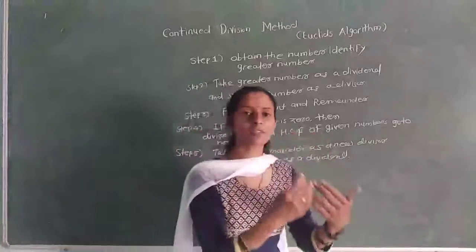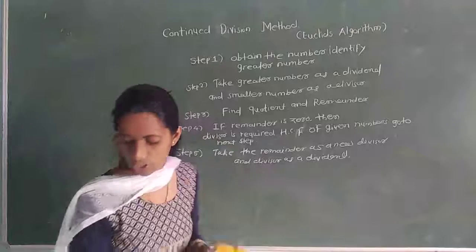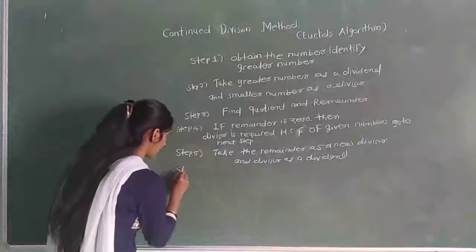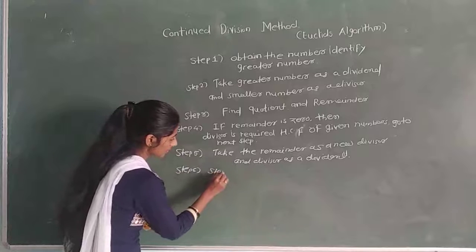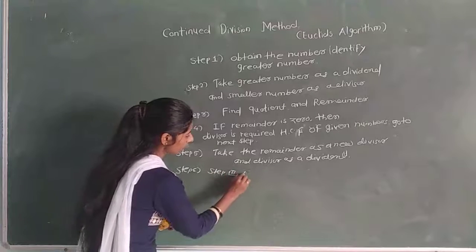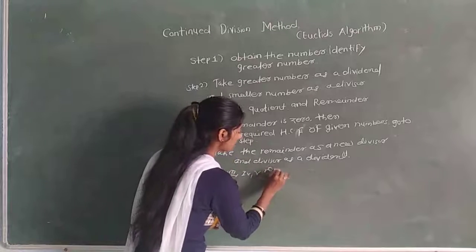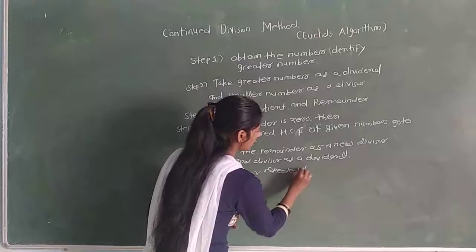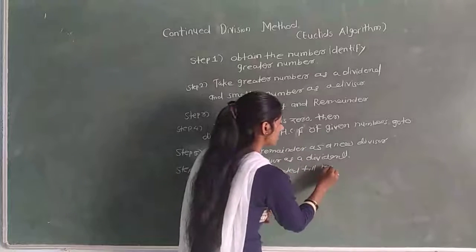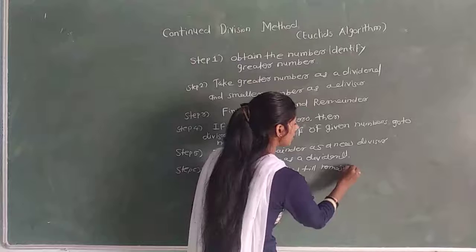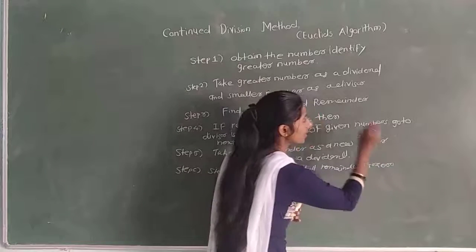I will repeat step number 3rd, 4th, 5th up to the remainder is 0. Step number 6: repeat steps 3rd, 4th, 5th, continue this process until the remainder is 0. Okay, clear?